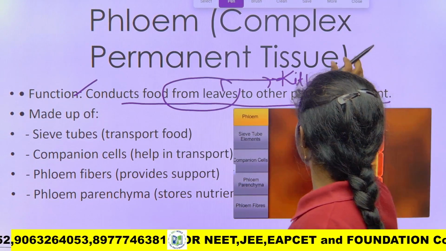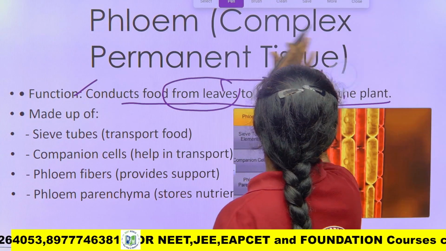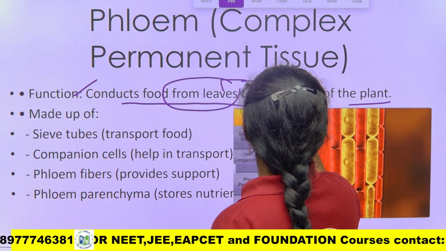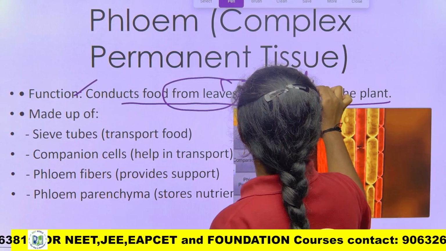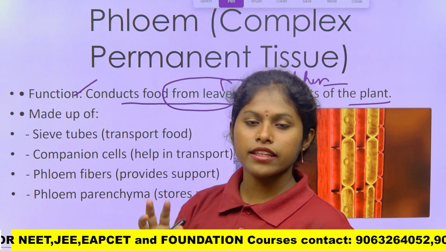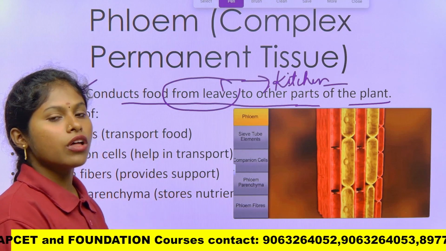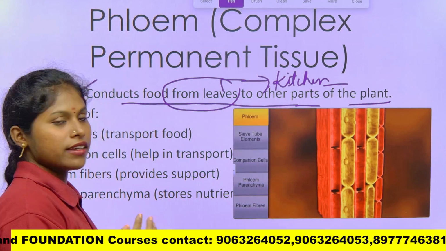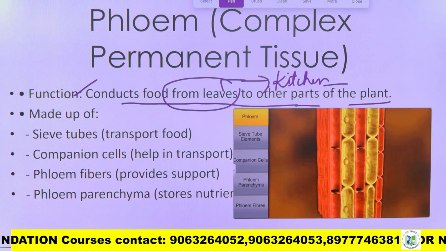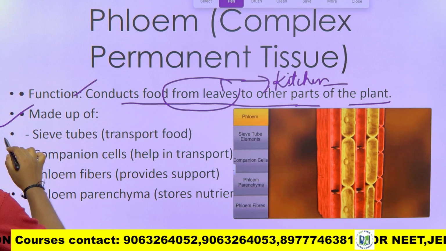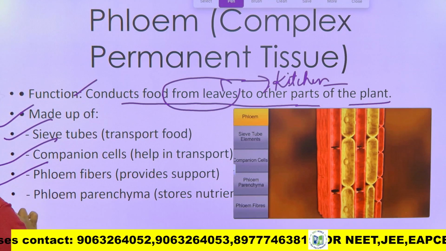The kitchen of the plant is the leaves. The preparation of food happens in the leaves, and that is why it is transported to all parts of the plant from the leaves. Right, there are mainly 4 types: sieve tubes, companion cells, phloem fibers and phloem parenchyma.